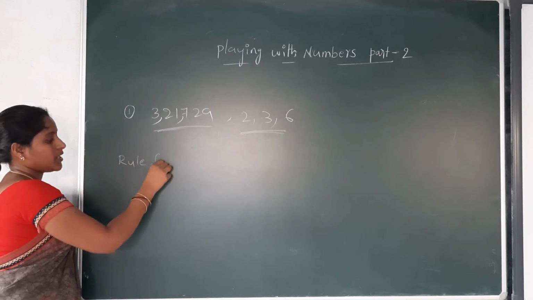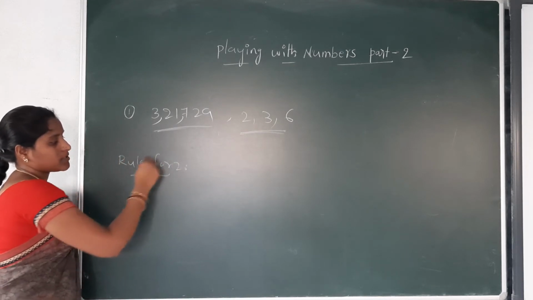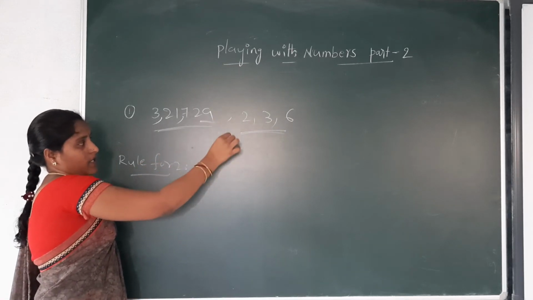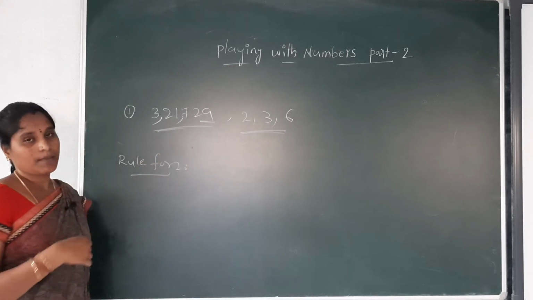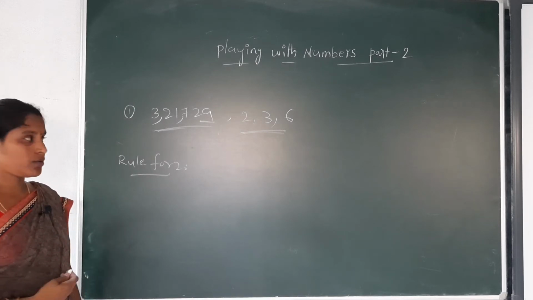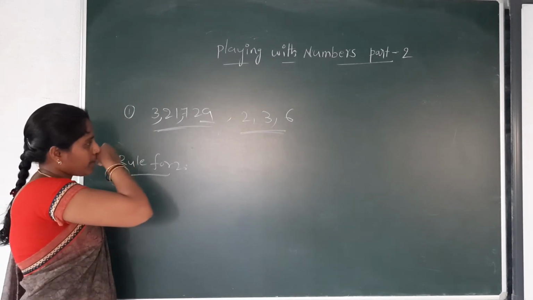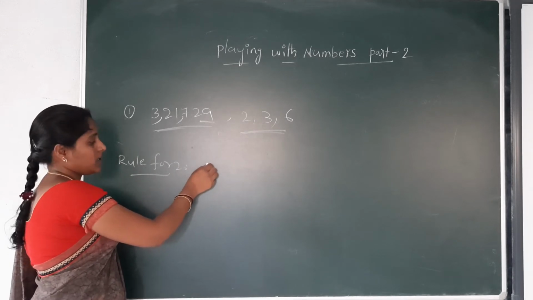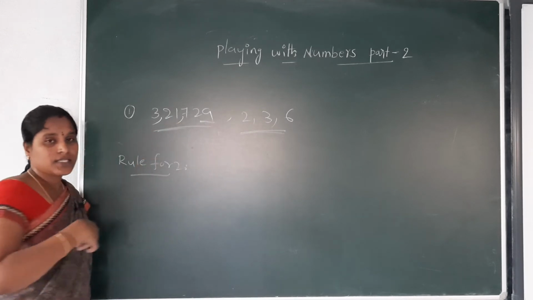First we check the rule for 2. What is the rule for 2? If its units place is an even number, the given number is divisible by 2. What is the units place here? 9. Is 9 an even number?